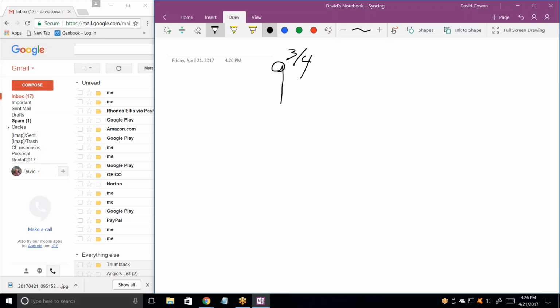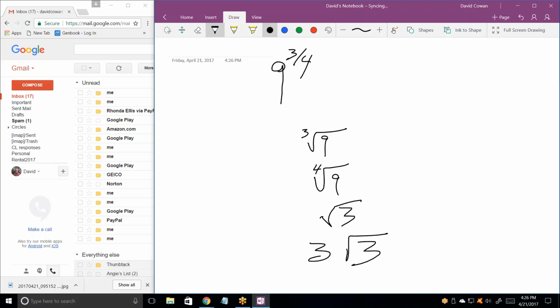And the answer choices are cube root 9, whatever 4th root 9 is, just square root of 3, and 3 times the square root of 3. Well, clearly that can't be right, because that's 9 to the 1/4.